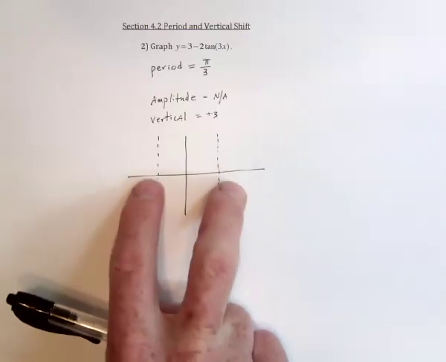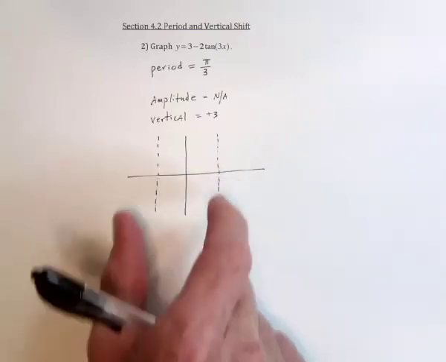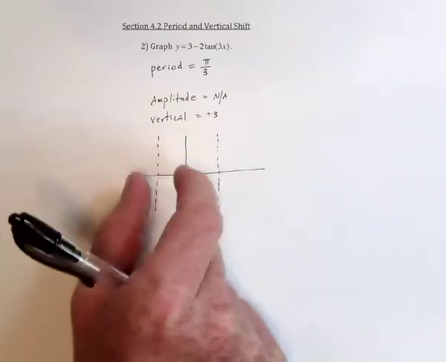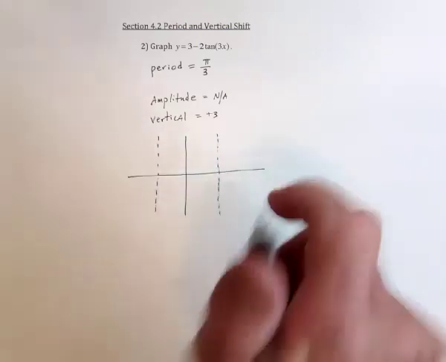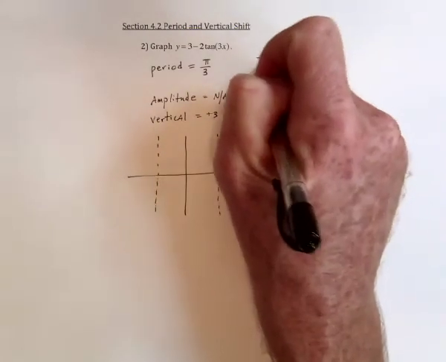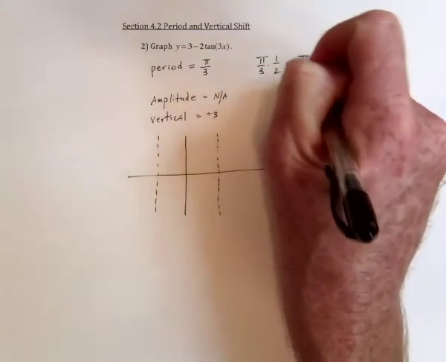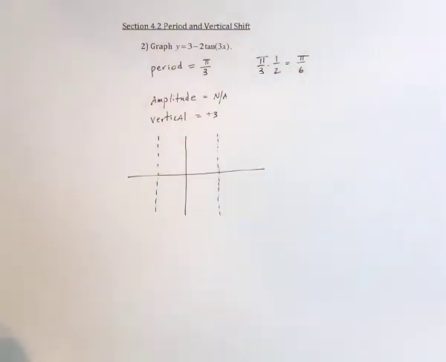So to find out where these two asymptotes are, there's a couple of ways to do it. One is you say, well, the total is pi over 3. That means half of it has to be over here, and half of it has to be over there. So you could take pi over 3 and cut it in half to find out that the asymptotes are at pi over 6.